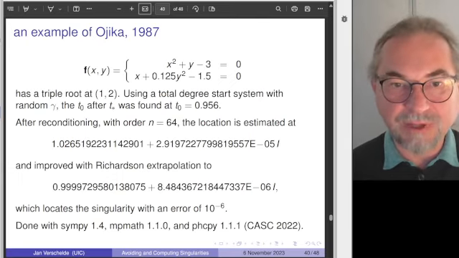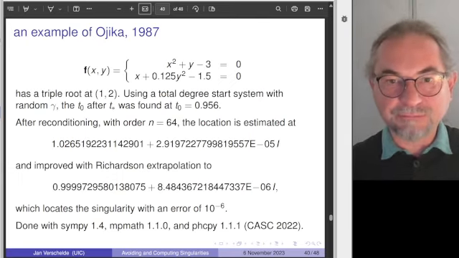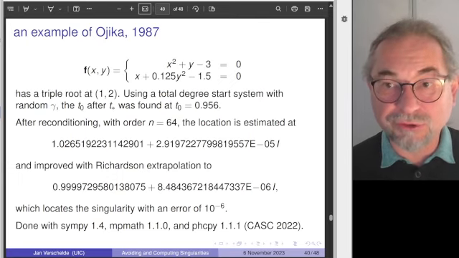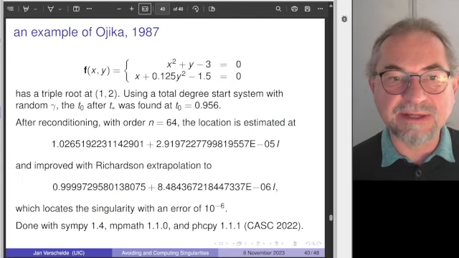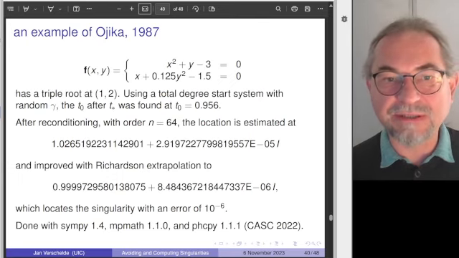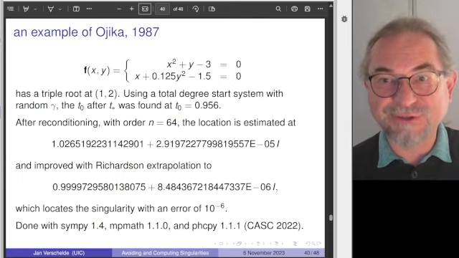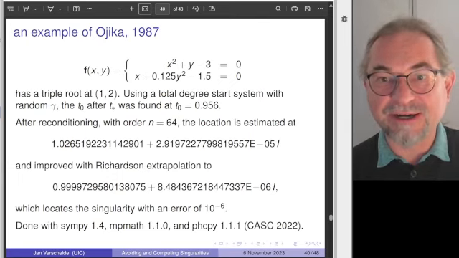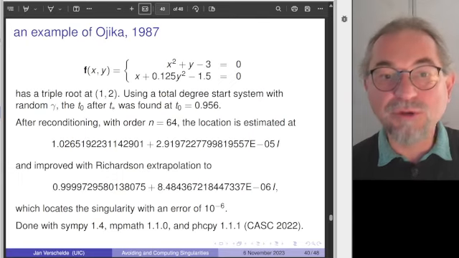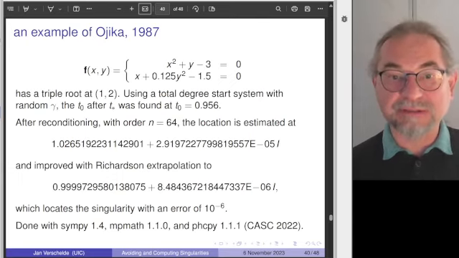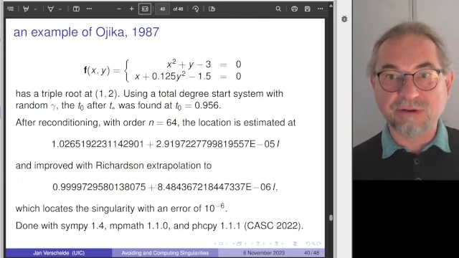And then after reconditioning, using 64 terms in the Taylor series, we have about 2 decimal places correct. But you can see that what matters is that the imaginary part is already very small. You can improve this with Richardson extrapolation, so that you have about 6 decimal places correct.